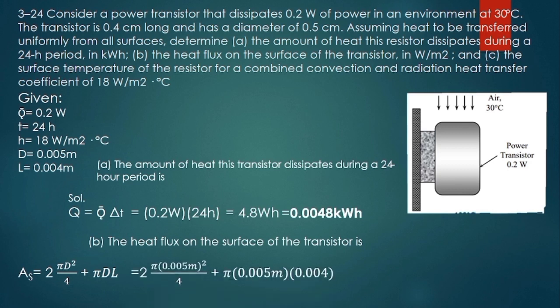So we're going to put the given. 2 times pi times diameter, which is 0.005 meter to the power of 2, over 4, plus pi times diameter 0.005 meter times the length, which is 0.004 meter. Our area of surface is 0.001021 meters squared.